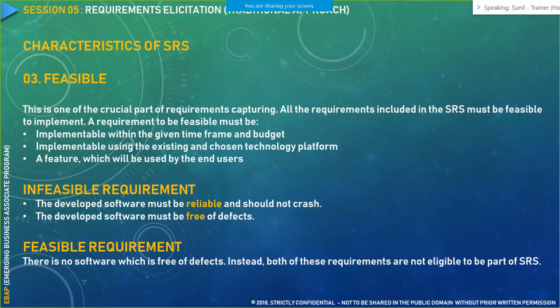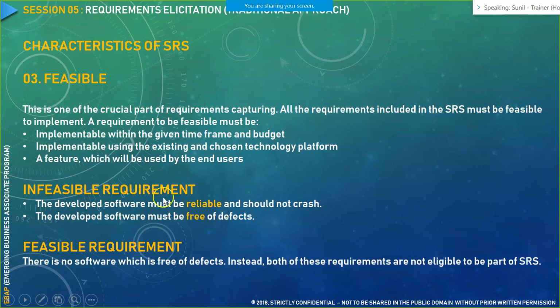Now the third characteristic is feasibility of the requirement. So whenever you are writing a requirement like "the developed software must be reliable and should not crash", now what is reliable in this context? Reliable doesn't have any meaning. Now, "the developed system must be free of defects". Do you think any system would be free of defects in today's landscape? No. These are infeasible requirements.